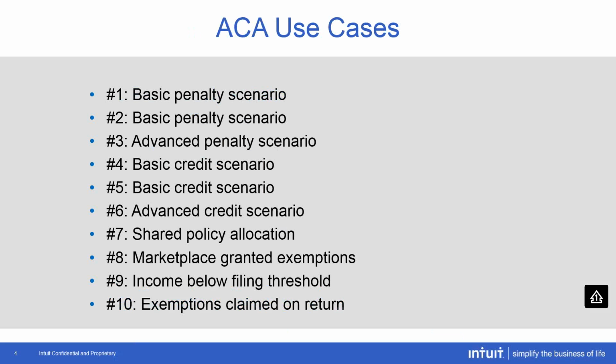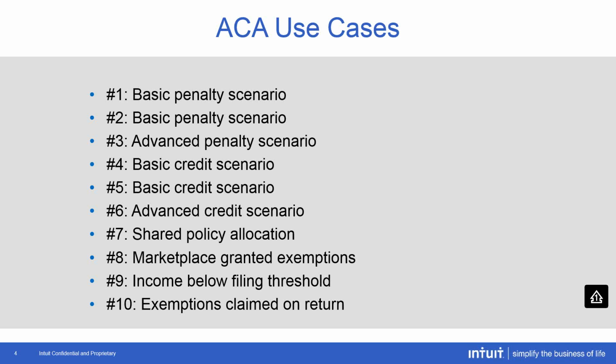By popular demand, after attending the original training that we had for ACA, which was more theoretical, we did have some demos. A lot of folks asked us to offer a webinar with use cases as well. So here's a list of the various ACA use cases that I'll cover today.